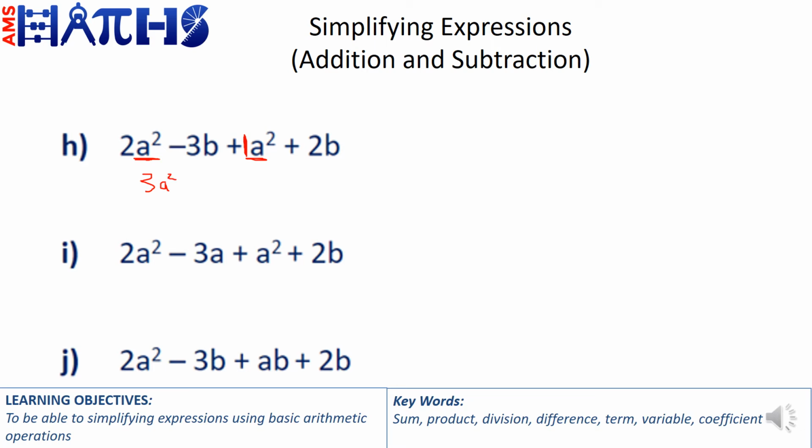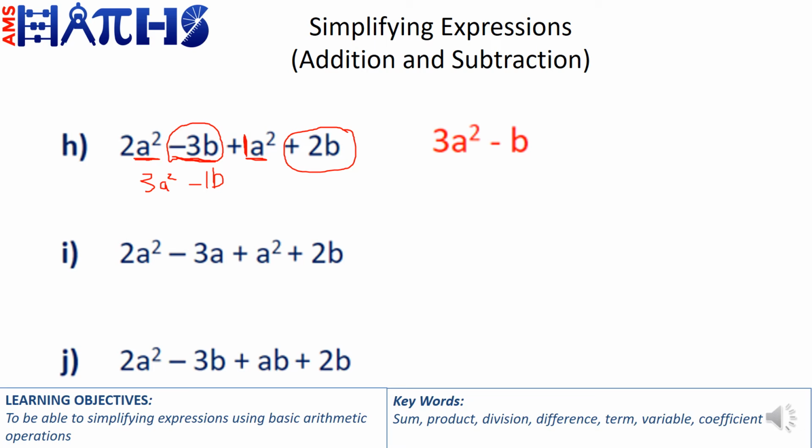Then we work on the b's. So we have a minus 3b and plus 2b. So minus 3b plus 2b, which is minus 3 plus 2. Minus 3 plus 2 gives us minus 1. So we get minus 1b, or just minus b. So our answer is 3a squared minus b.